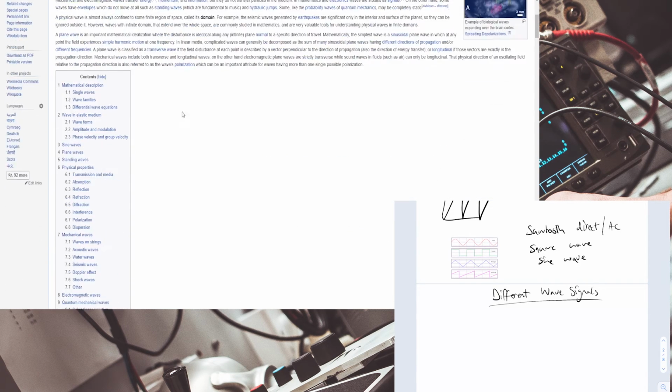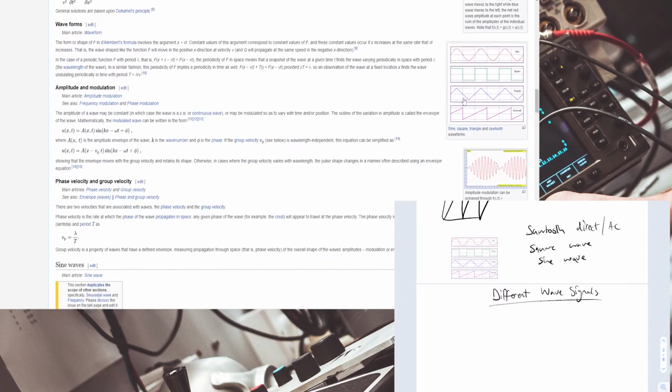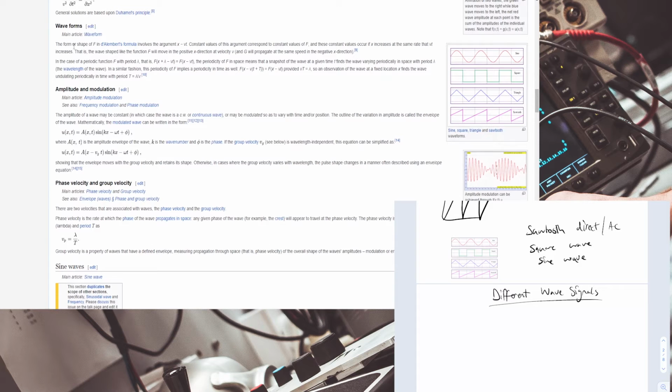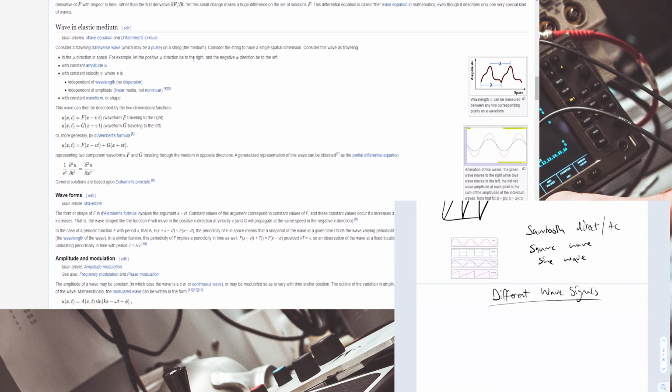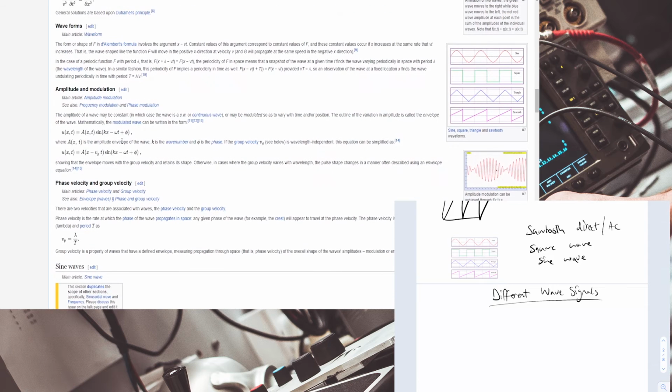Right, this is basically waveforms. The form or shape of f in the formula involves the argument, what? Okay, constant values, blah blah blah. Right, this is not... no. Okay, amplitude modulation, frequency modulation, phase modulation.